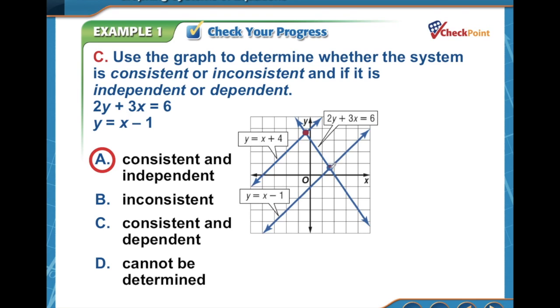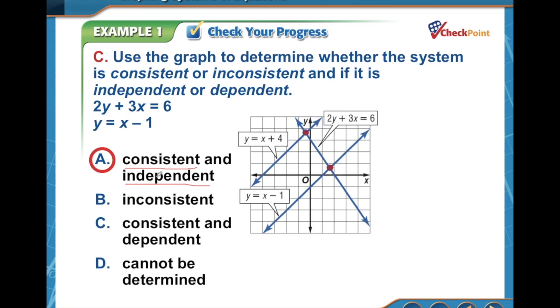And then this dot is also a solution, but this is only a solution for this line and this line. So we have 2 lines that are solutions, but they're independent of each other. In other words, there's never a point where all 3 lines meet. So these are independent answers. They're 2 different answers for different sets of lines. So we can say it's consistent because there's an answer, and independent because there's only ever one for each pair.